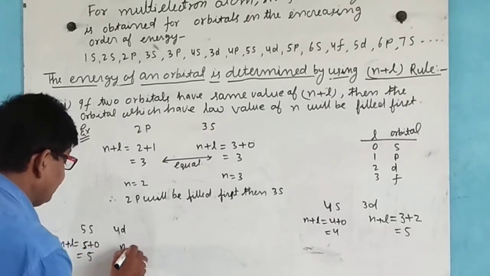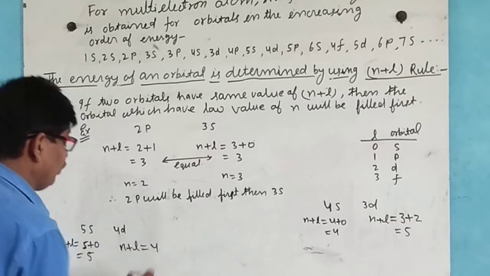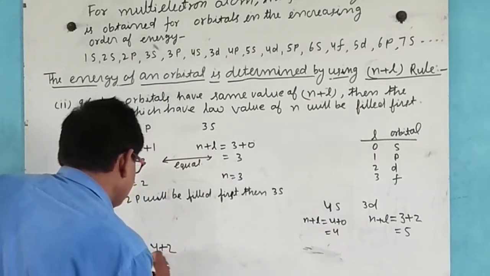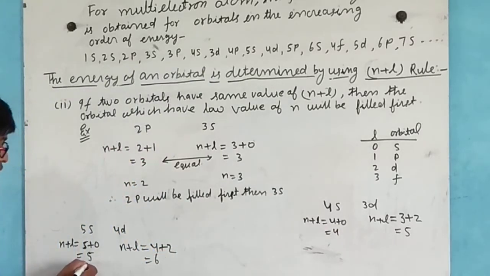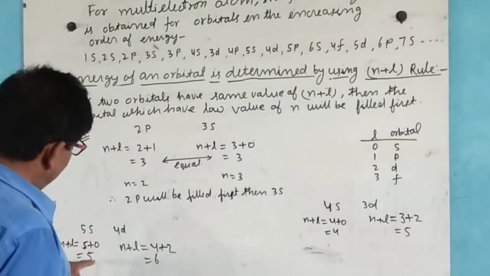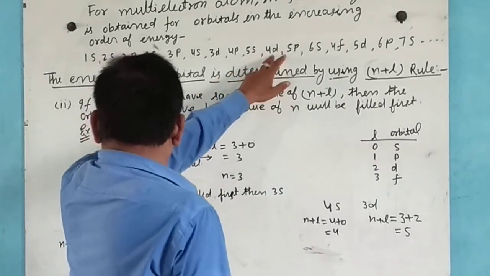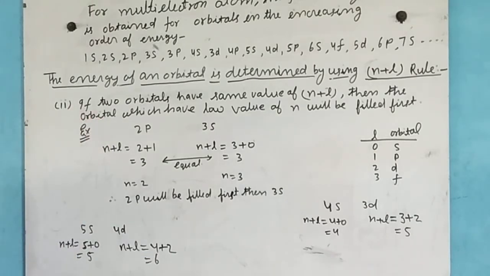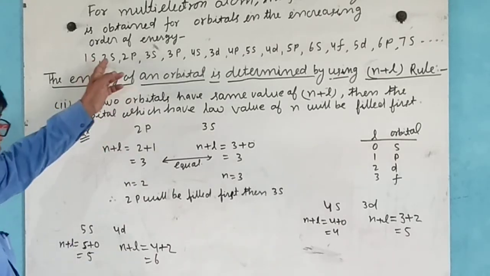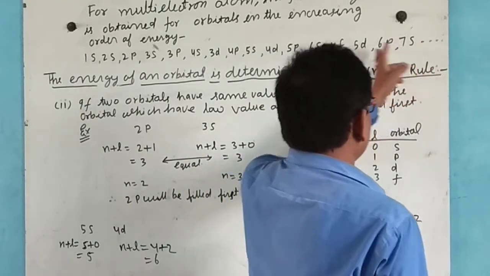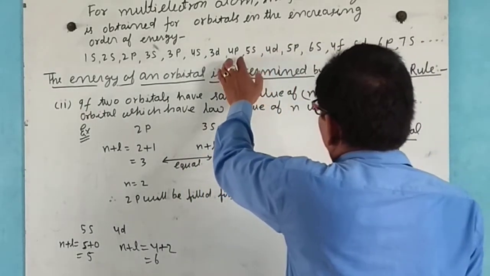For 4d, n is equal to 4 and the value of l for d is 2, so 4 plus 2 is equal to 6. So the lowest value is for 5s, so 5s comes earlier and after that 4d. With the help of this rule, we arrange the orbitals according to increasing energy.